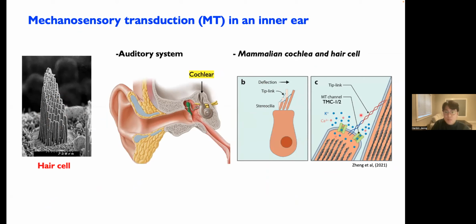The mechanical force, which deflects the stereocilia to one side, results in tension on the tip link, so that the tension opens the TMC1 ion channel, which is closely located to the tip link structure.